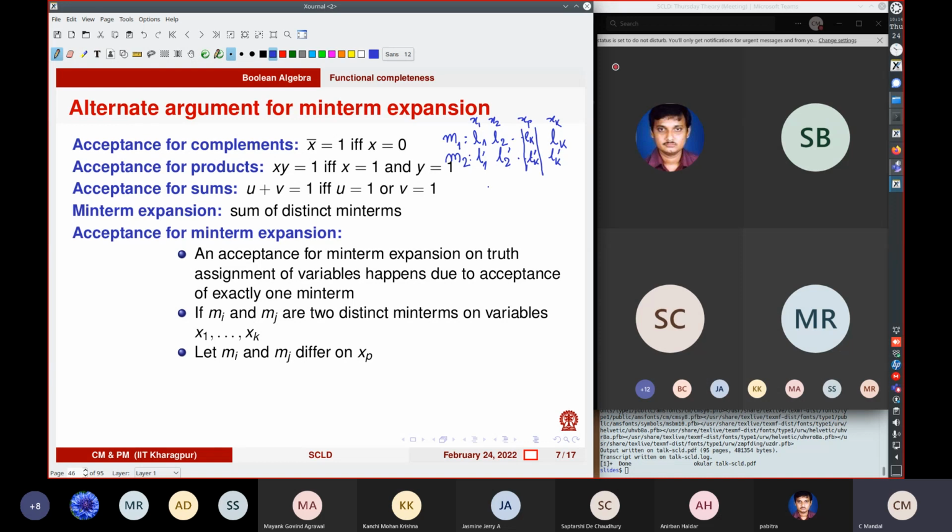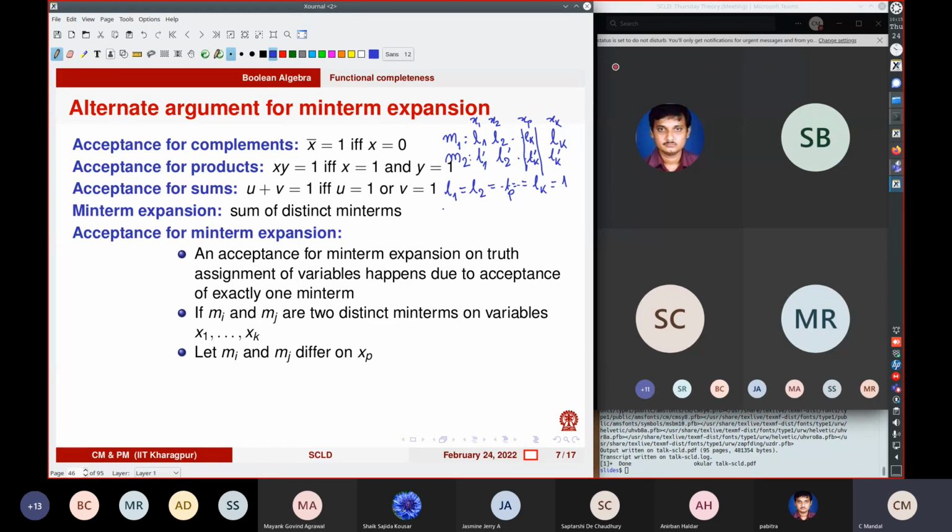Okay. And of course, to make this min term true, say if m1 is true, then you'll have l1 equal to l2 equal to lk equal to true, including lp.